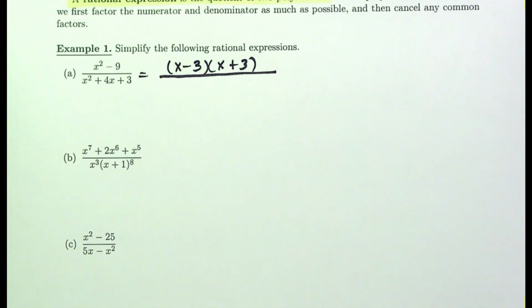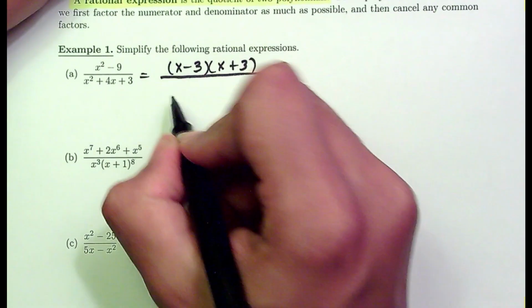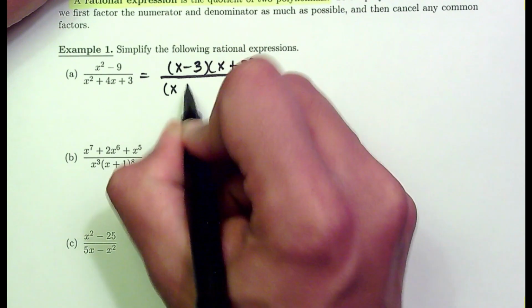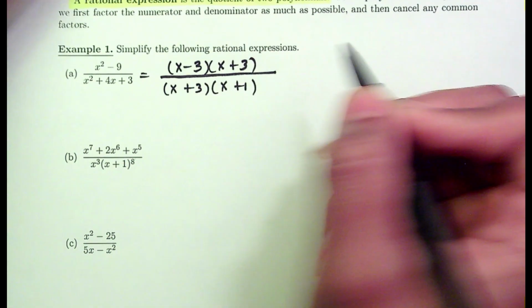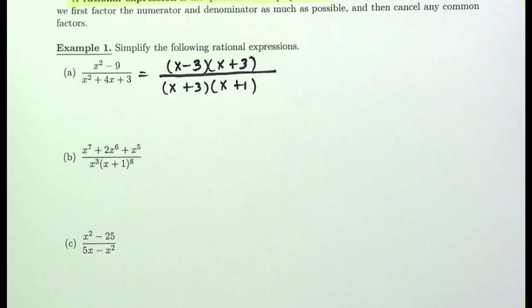And the bottom factors as (x plus 3)(x plus 1). Once you have factored both, you are going to cancel common factors.